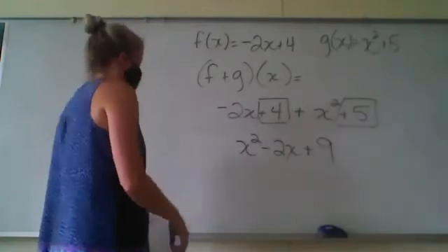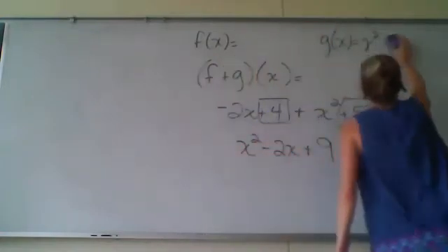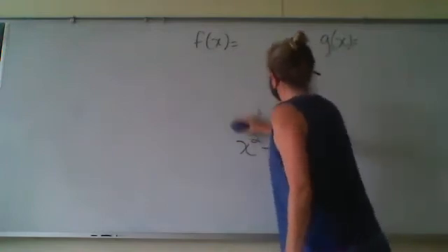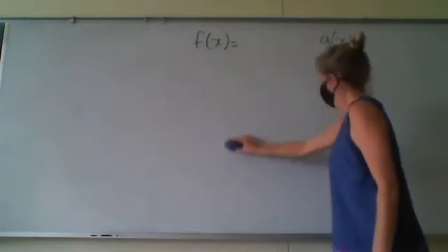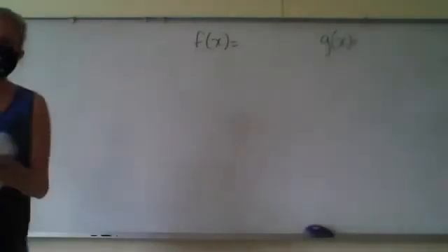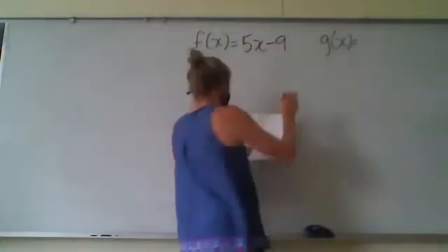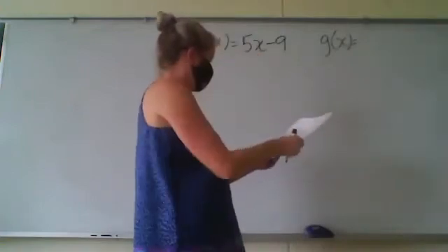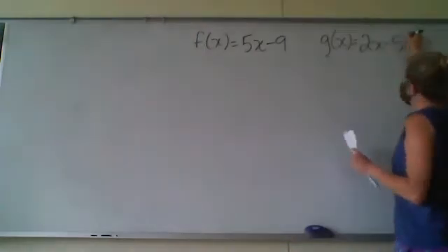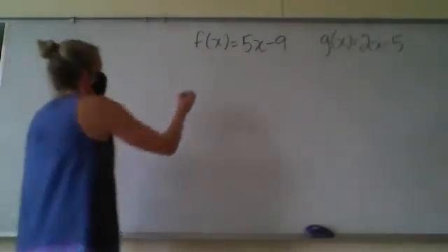All right, number 9. This time, f of x is 5x minus 9. g of x is 2x minus 5. And this time it wants me to find f minus g of x.